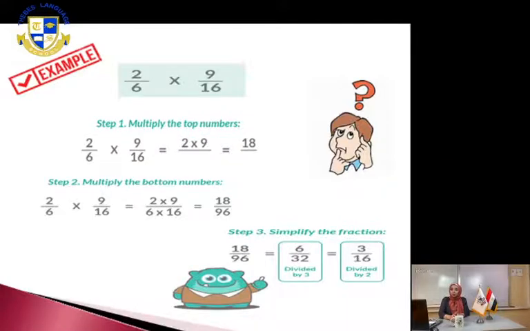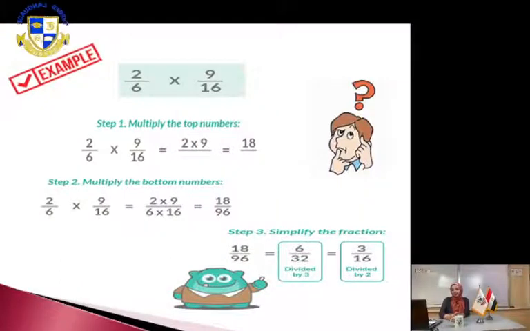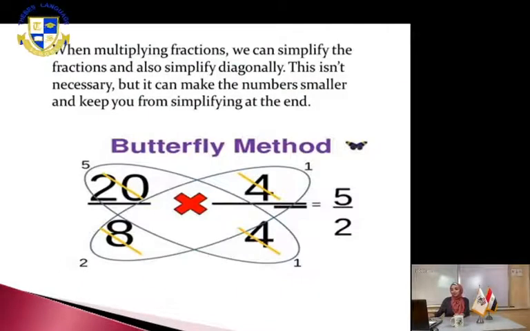The two numbers are even numbers, so we have to simplify again by 2. 6 and 32 are divisible by 2. 6 divided by 2 will be 3. 32 divided by 2 will be 16. Next.